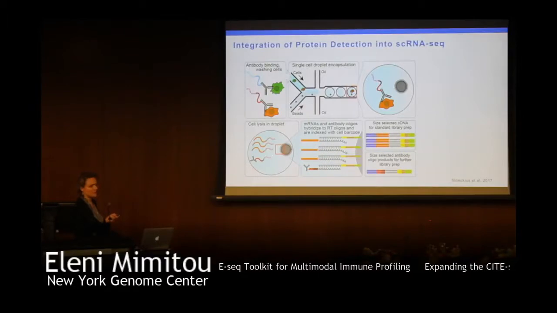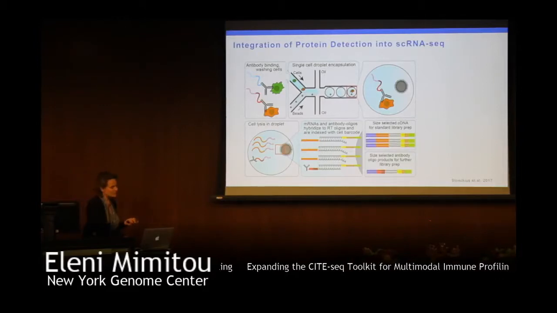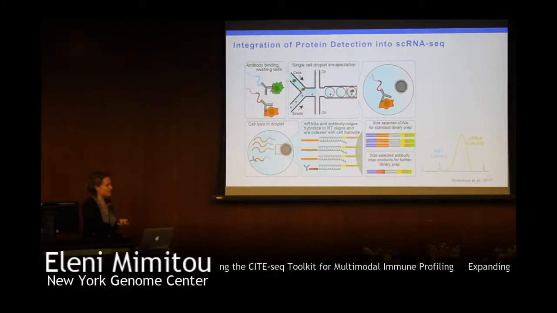So along with the mRNA, we capture the oligos on the antibodies, and they're all indexed to the same cell barcode. Because of their vastly different sizes, we can separate them out and make two different libraries, and get information for both the transcriptome and the surface markers.